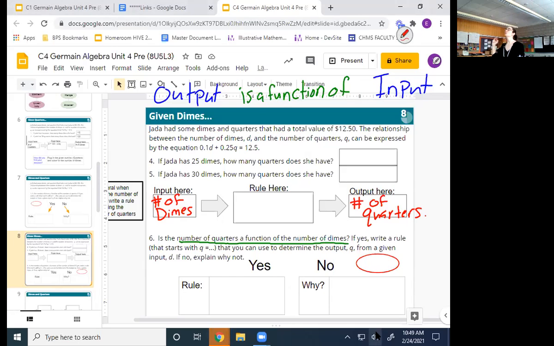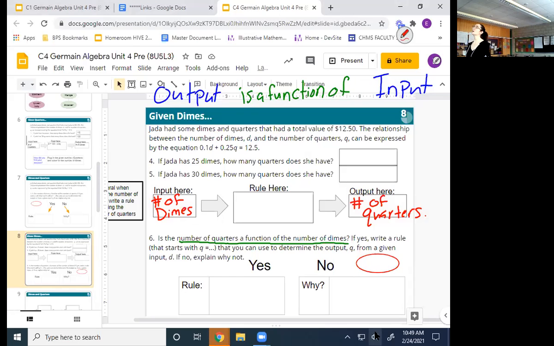Awesome job. So let's think about, before we talk about the rule, if she has 25 dimes, how many quarters does she have? What did we calculate for that one? Nice job, Haley, Julia, Claire, and Luke. Fantastic job, Dillo. Perfect. It's going to be 40. Very good.